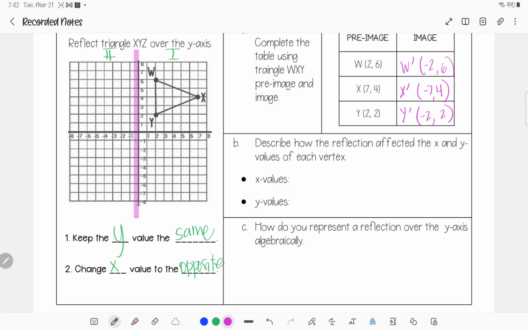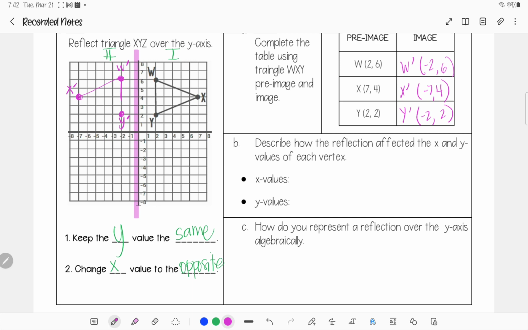So I'd be at -2, 6 for W prime. For X prime, I'd be at -7, 4. And then for Y prime, I'd be at -2, 2. So Y prime would be there.